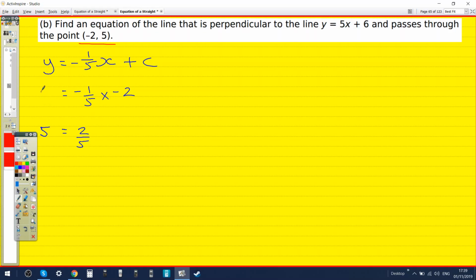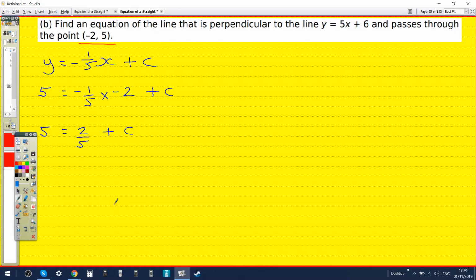So you have to do divided by 5, and you've got the plus c. That's what you have to solve. So 2 over 5.